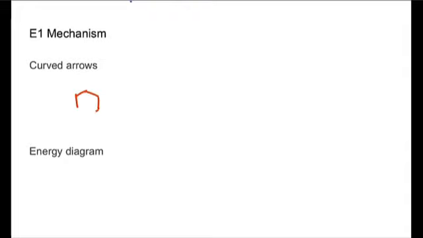So I'll give an example of a reaction that could occur through E1 reactivity. I have an iodine leaving group, a couple of other substituents, a couple of methyl groups on this structure. And that's just a weird way of writing methanol, right?